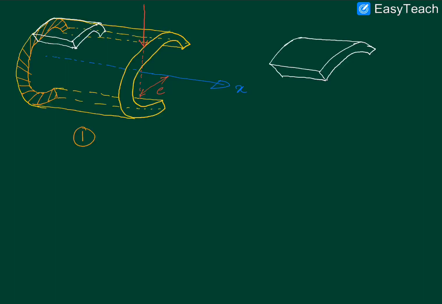Okay, now what we are going to do is consider another coordinate axis which would be fitted along this cross section.